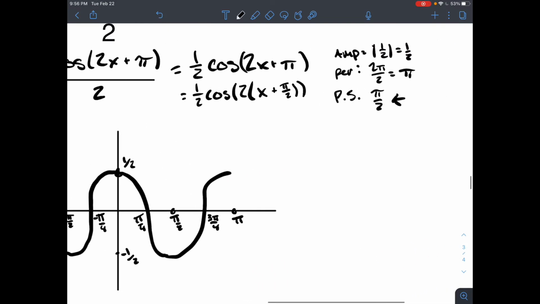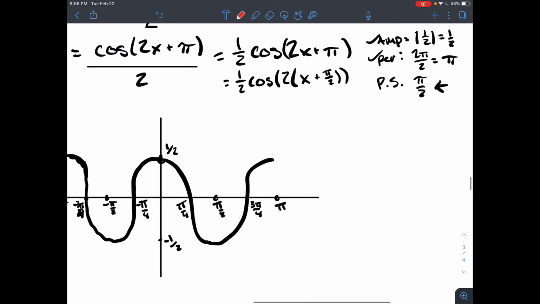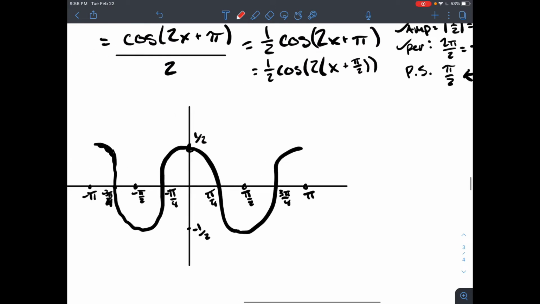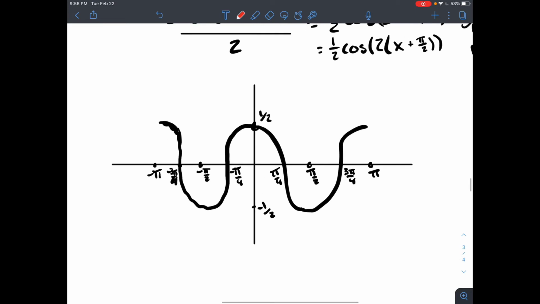Alright, so we've done our amplitude, we've done our period, and now we have to think about our phase shift. We're moving all of our points pi over 2 to the right. So let's start, where should we start? Let's start in the middle. This over, this over, this over, no, not quite there.